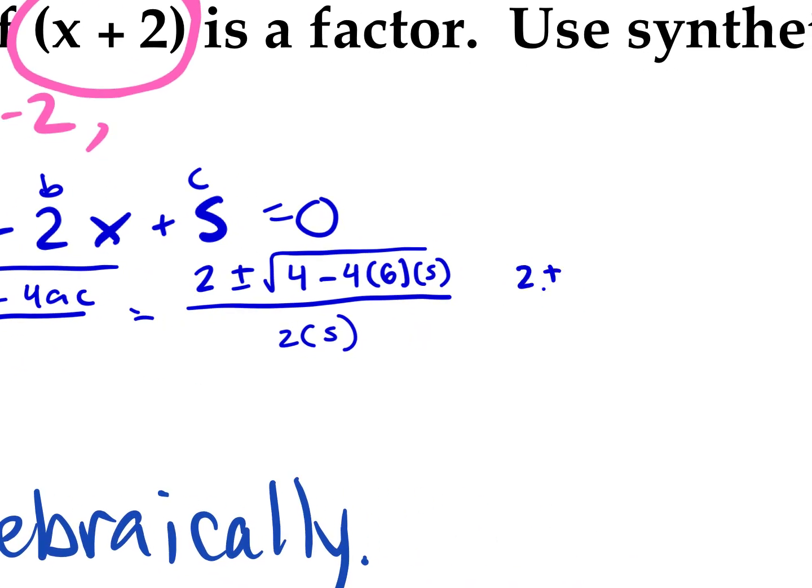So I have 2 plus or minus the square root of 4 minus 4 times 6 times 5. 6 times 5 would be 30, and 30 times 4 would be 120. So 4 minus 120 would be -116.